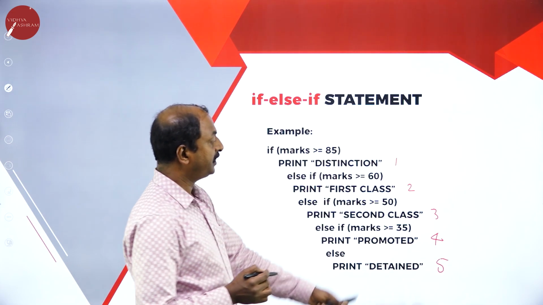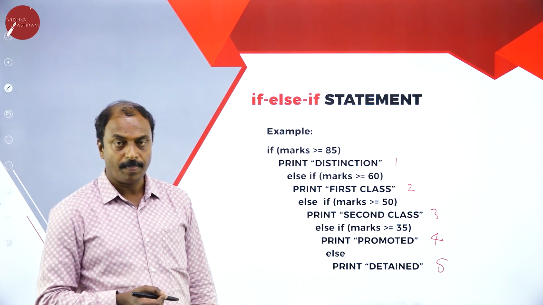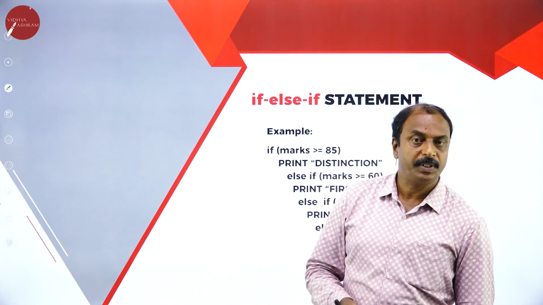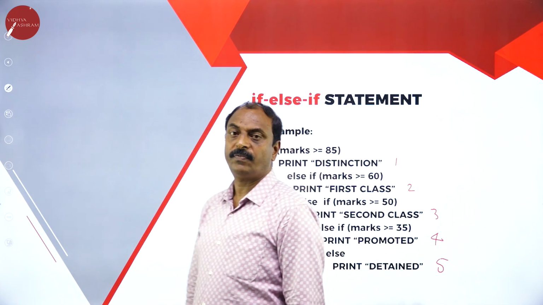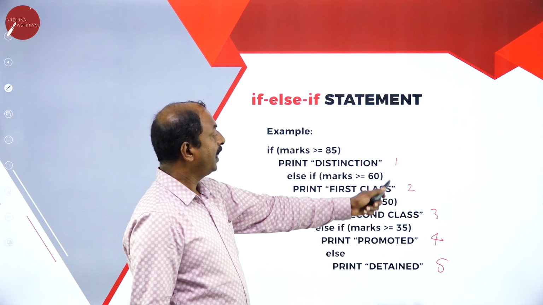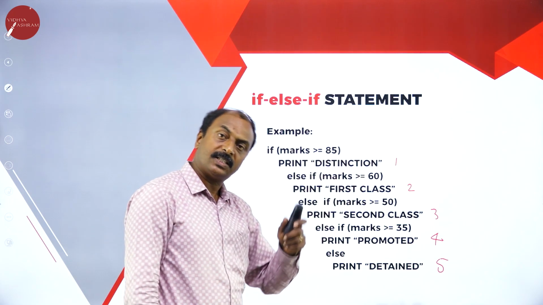If you observe this, there are 5 conditions to be checked in this example. So if there is more than one condition to be checked, we have to make use of the if else if programming construct. All the conditions are different for the different grading system.